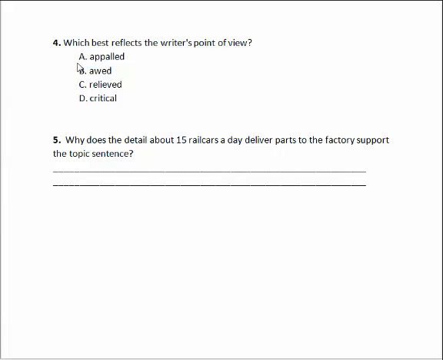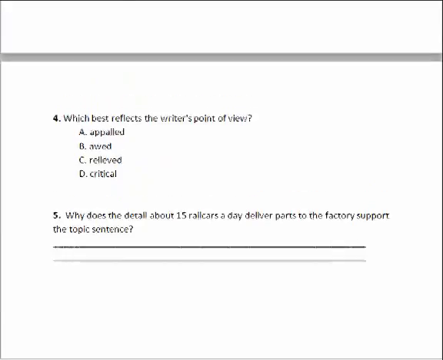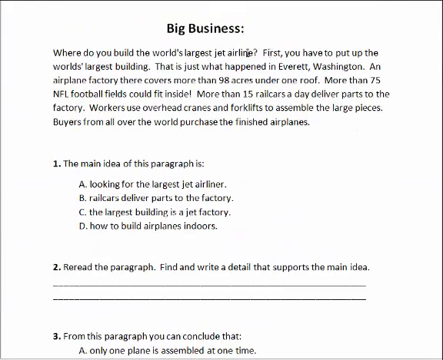Number 4, which best reflects the writer's point of view. First things first, this is something that we are going to learn in the next couple lessons. It's called the good stinky rule. First of all, what you want to do is look at the words that the author is using in the paragraph. Let's scroll back up to our paragraph and see. It says, where do you build the world's largest jet airline?